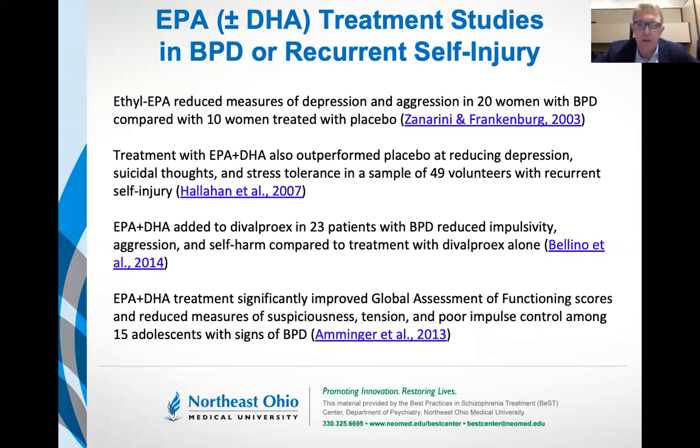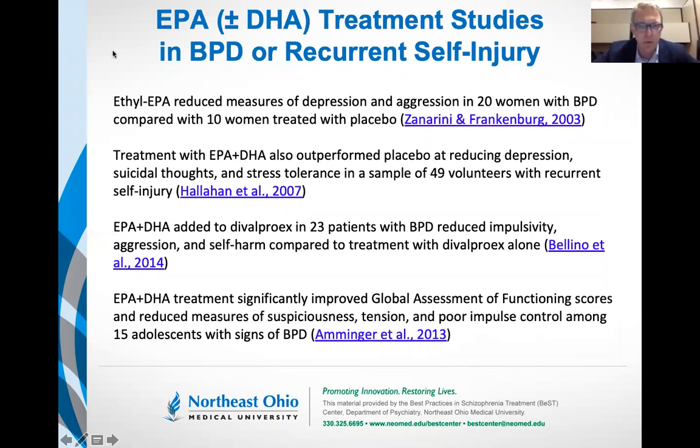In a study looking at people coming to emergency rooms with recurrent suicidal behavior, in other words, people who had had multiple ER visits for things like cutting or other forms of self-injury, those given EPA DHA supplements performed better than placebo-treated individuals at reducing depression, suicidal thoughts, and stress tolerance.